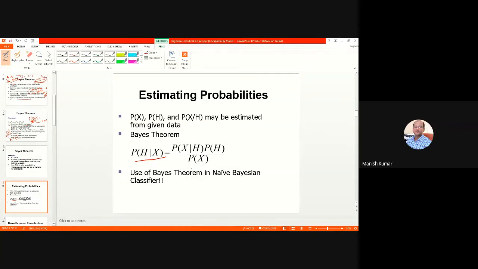So what we have to find out is P(H|X) P(X) equals P(X|H) P(H). Obviously, either this can be optimized or this can be optimized. So when you go for making an objective function out of this, you make the objective of this or this.